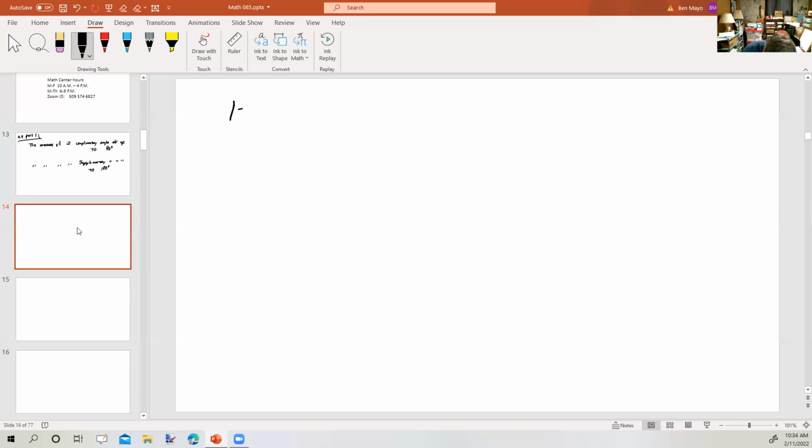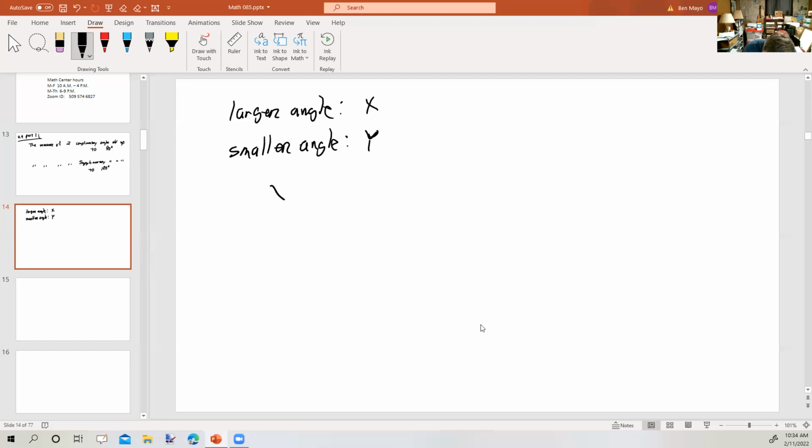So we've got the larger angle and the smaller angle. Let's use variables to identify them. Let's call the measure of the larger angle X and the measure of the smaller angle Y. Any questions about that? All right. Now, 2 angles are complementary.